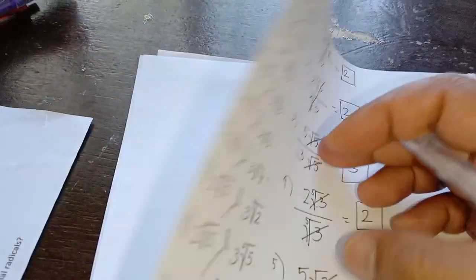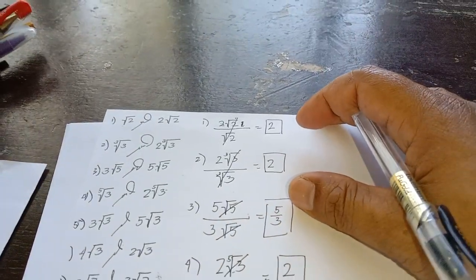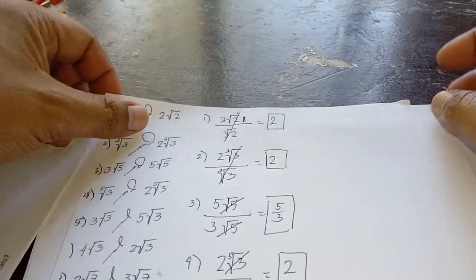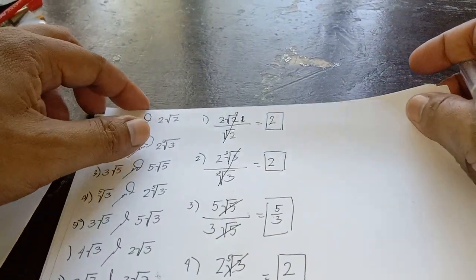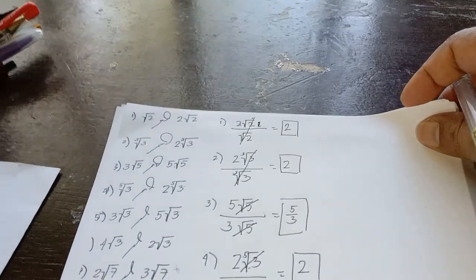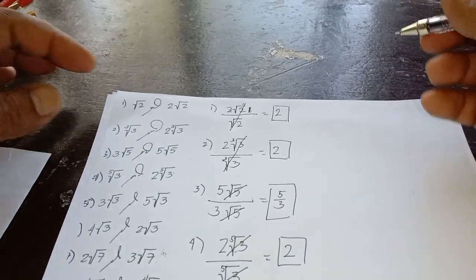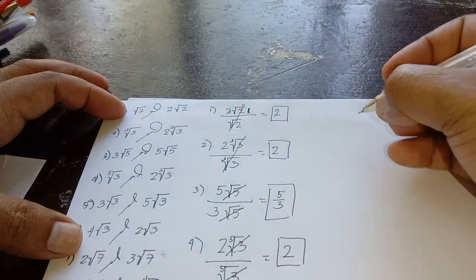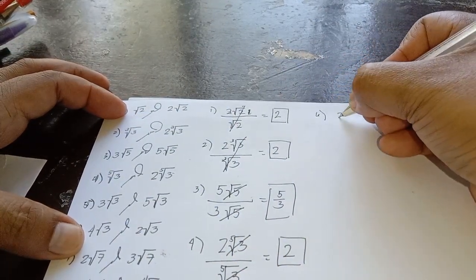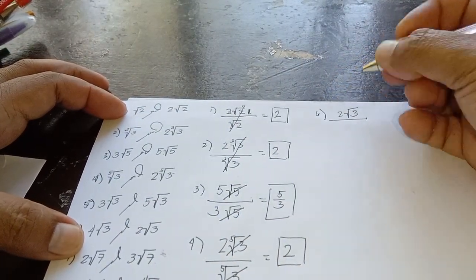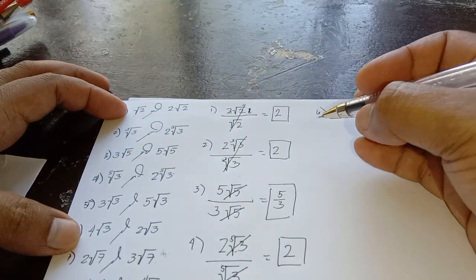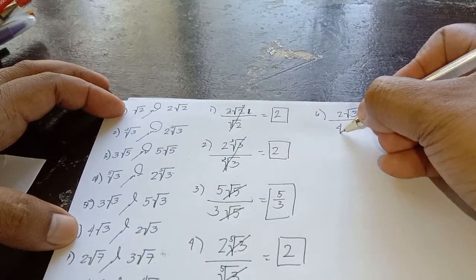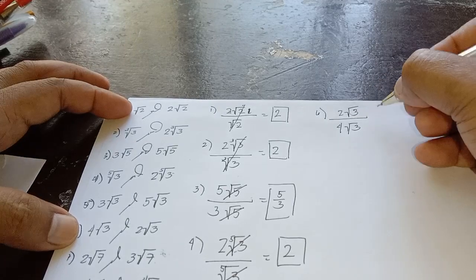Let's put number 6 up here to maximize the space. Okay? Number 6: 2 square root of 3 divided by 4 square root of 3.